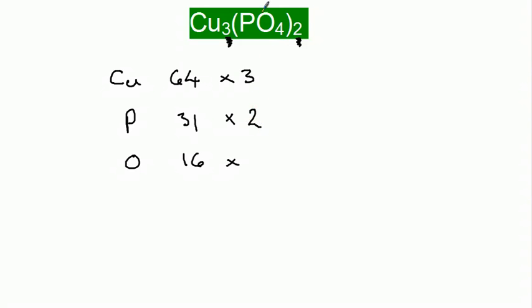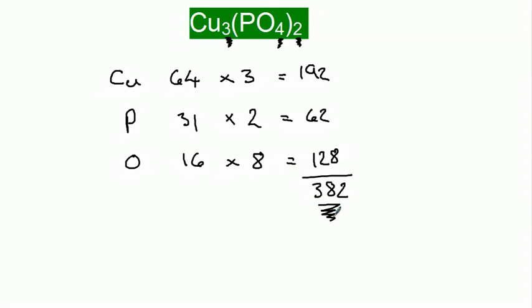But inside the brackets, I've already got 4 oxygens, and I've got 2 lots of everything inside. So it's 2 lots of 4, which is 8. So again, we just multiply these up. Once we add that together, 382. So the relative molecular mass of this molecule is 382.